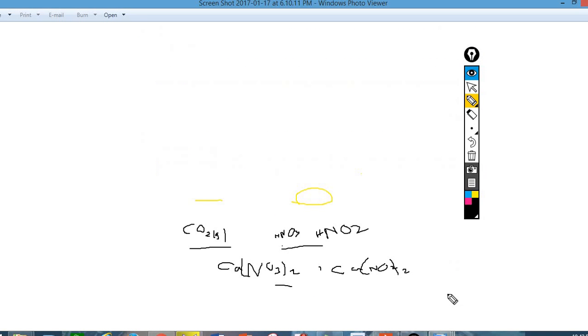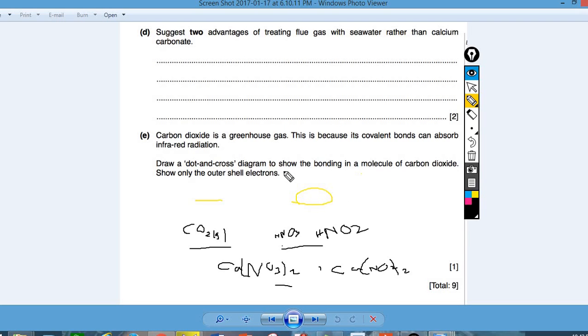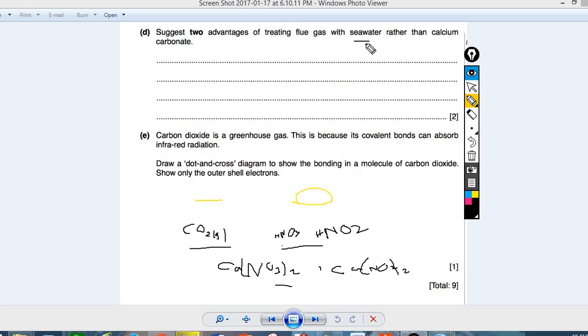The rest of the question is this: suggest two advantages of treating flue gas with seawater rather than calcium carbonate. Obviously you can find the answer in the question itself as well. Seawater has the efficiency around 99%, while calcium carbonate gives you a percentage of 90. So you can write seawater is more efficient. That's one.